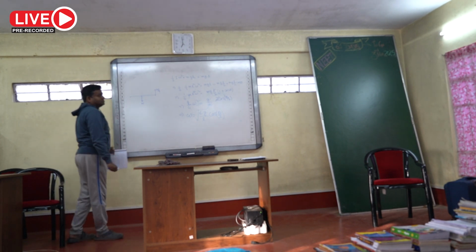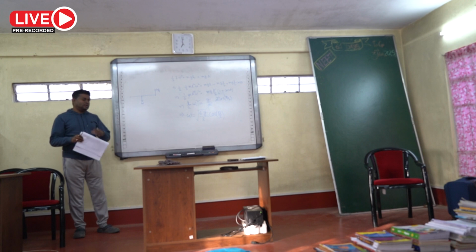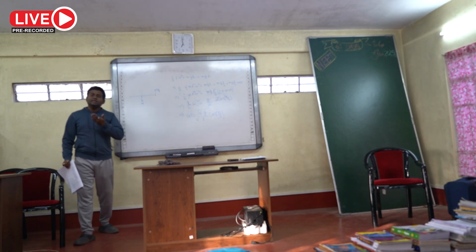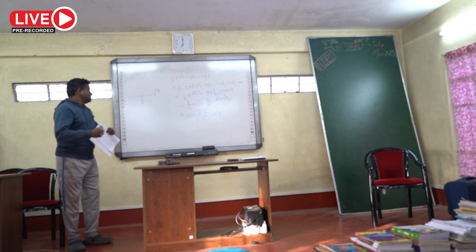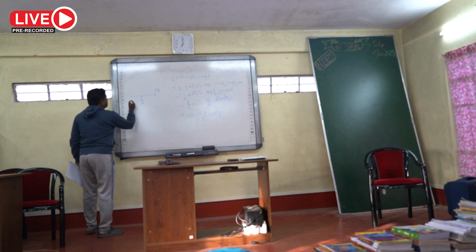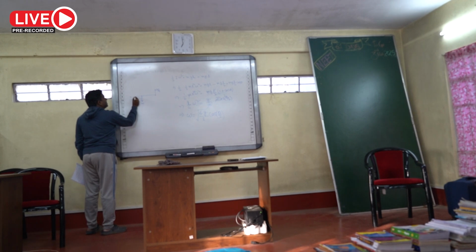Then remaining 3W by 4 is acting on the other person. Suppose that person is here. Boy is here, that person is here.